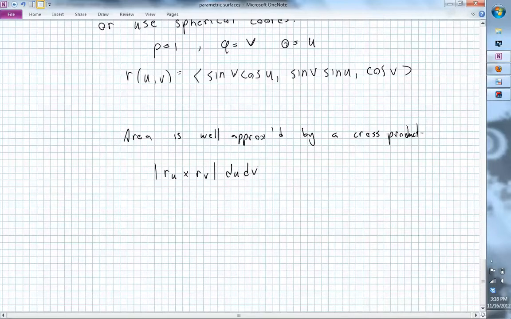And these are the things that fix the length. And let me try to motivate, if not prove, why this is the right thing to do. So the area at a point is well approximated by this thing.